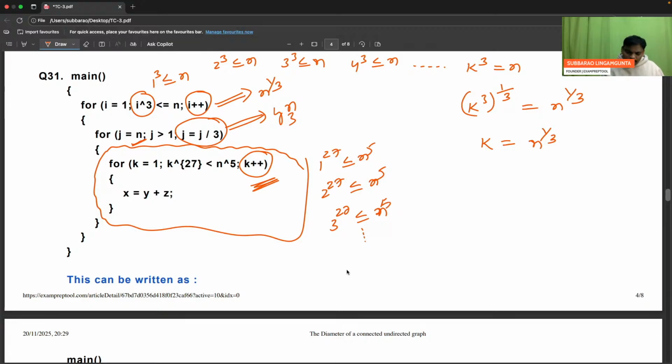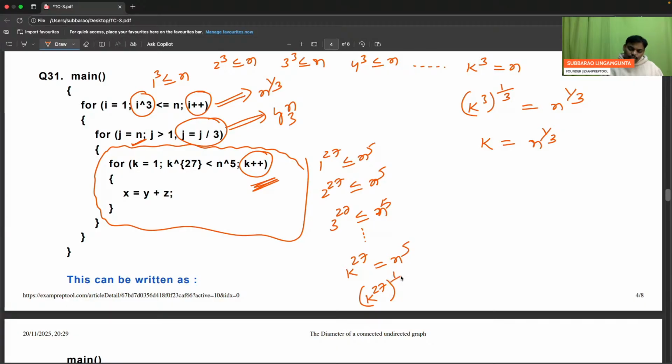So assume k times: after repeating k times, k power 27 becomes equal to n power 5. Finally I want the k value, so be careful, take whole power 1 by 27, because I want k.